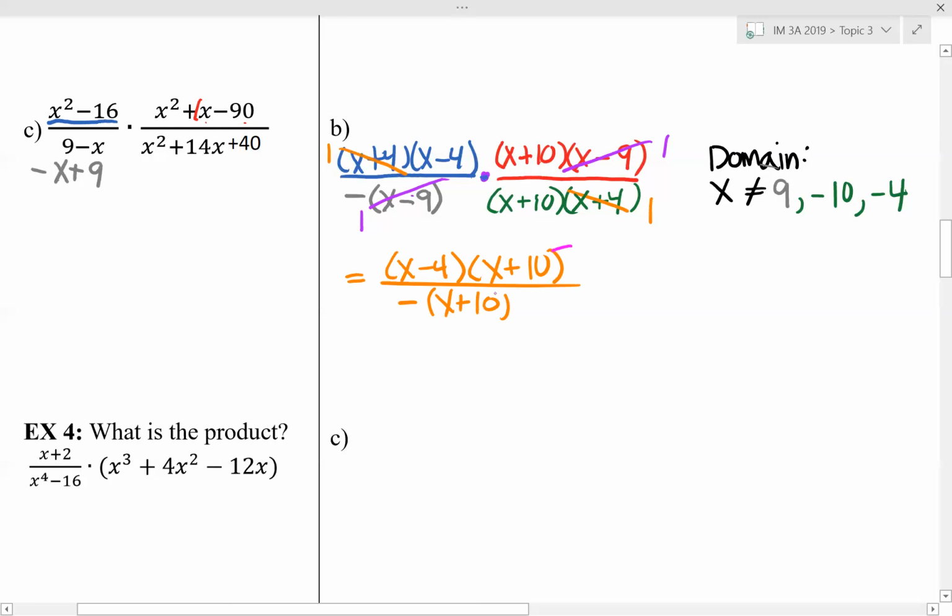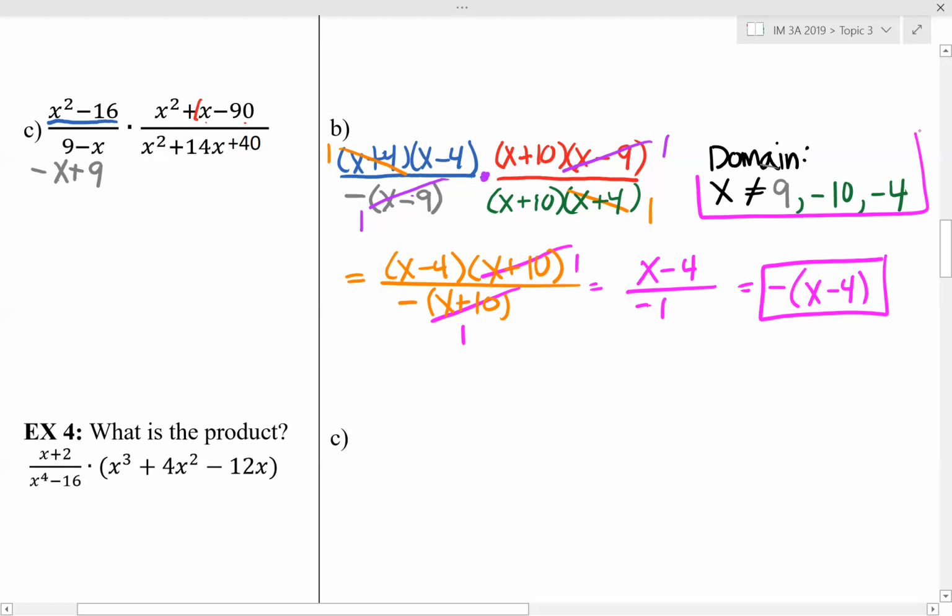They actually both have a factor of x plus 10. So this reduces to x minus 4 over a negative 1. I want to write that as negative times x minus 4. If I really wanted to, I could distribute that, but it's better to just leave it as negative times the quantity x minus 4.